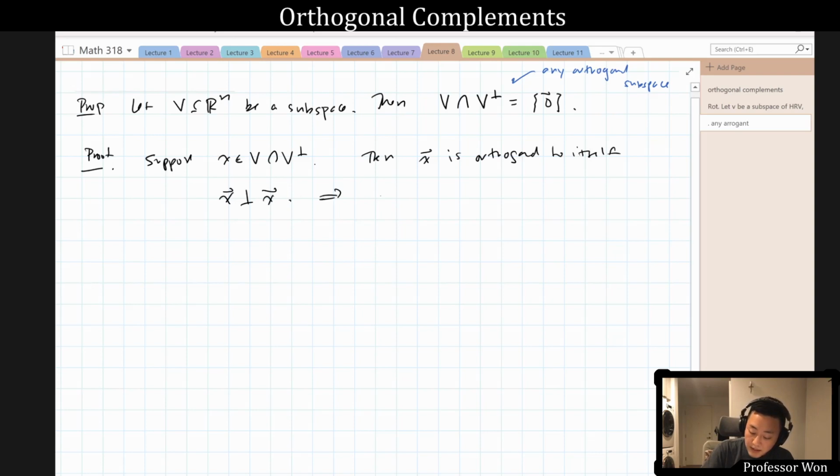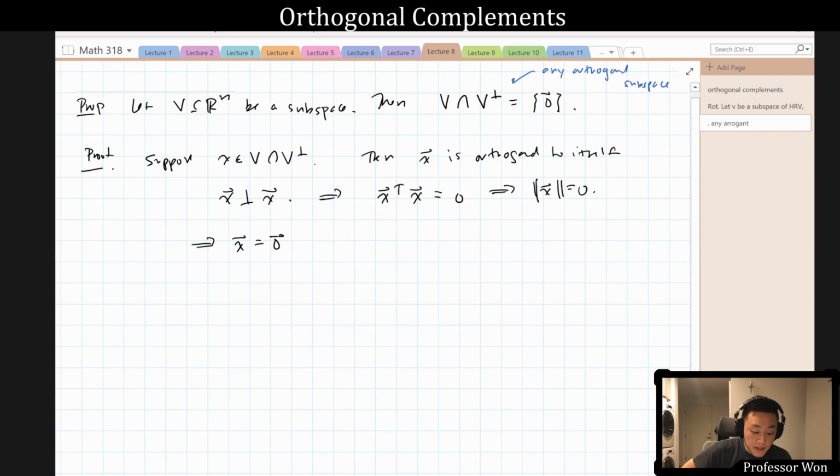This implies that if you take the dot product of x with itself, you get 0. But this means that the length of x is 0. But the only vector with length 0 is the 0 vector. So the only vector in the intersection is the 0 vector. And again, I wasn't using the full power that it was V perp. All I was using was that x was orthogonal to itself.